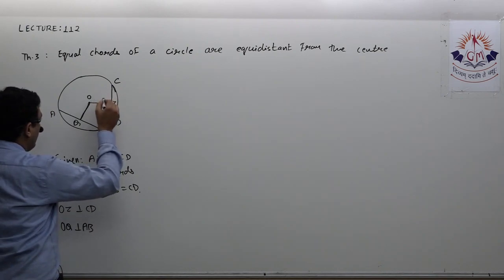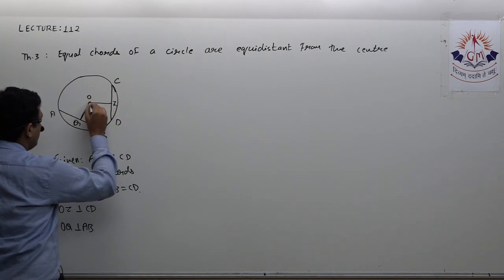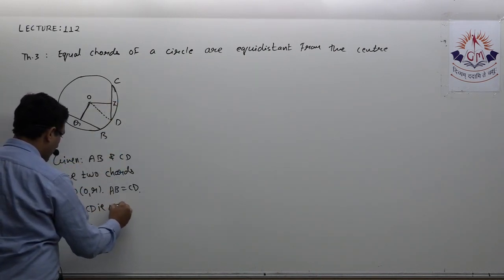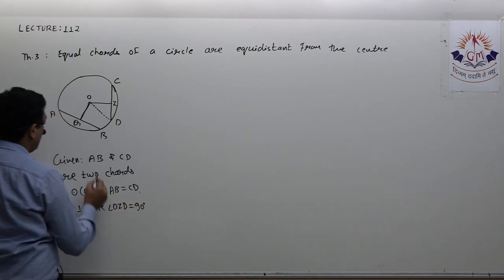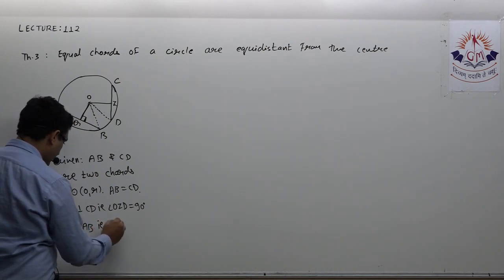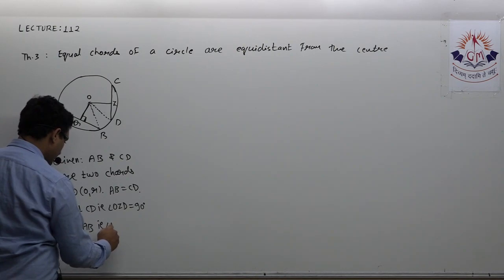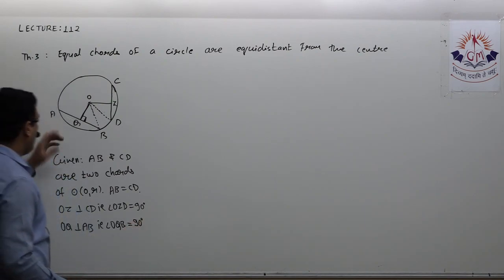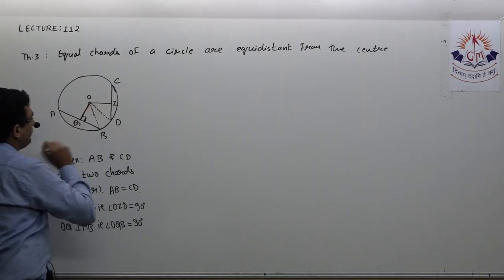When I say OZ perpendicular to CD, it means angle OZD is equal to 90 degrees. Similarly, angle OQB is equal to 90 degrees. We have to prove OZ equal to OQ.